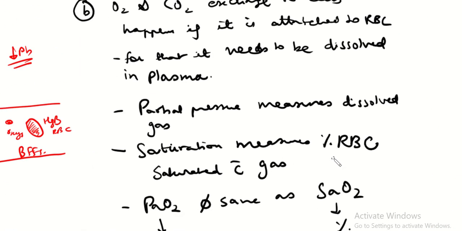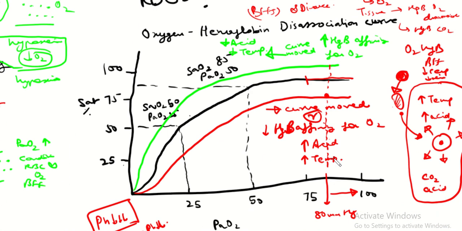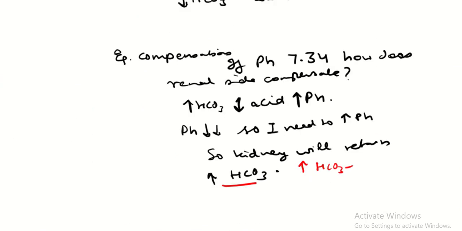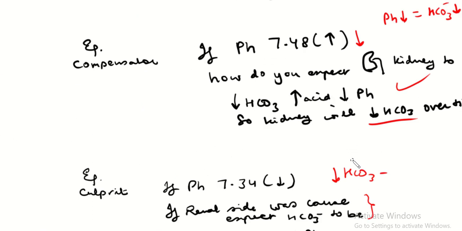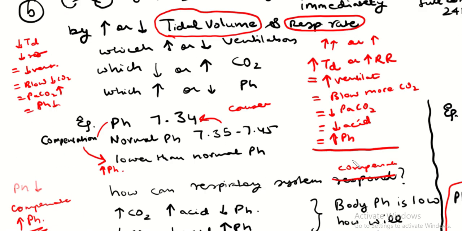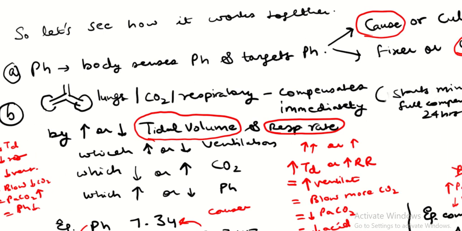Why does our body need to manage the pH and the oxyhemoglobin dissociation curve? Okay, and then we looked at what the body does.